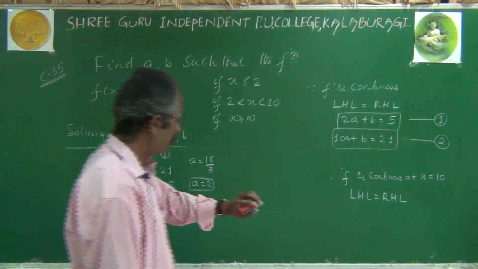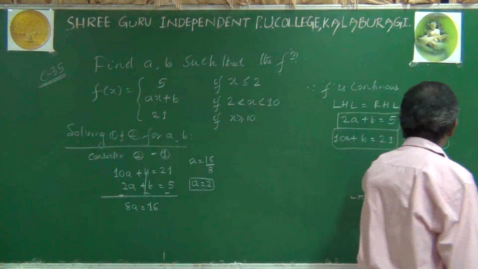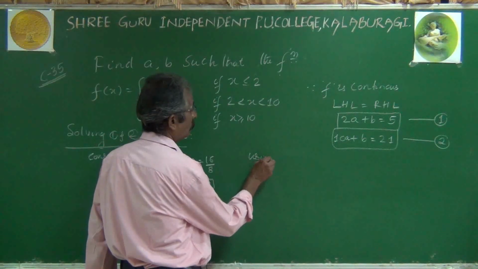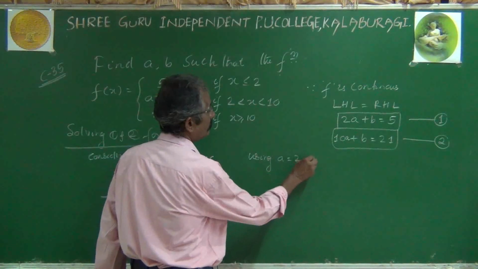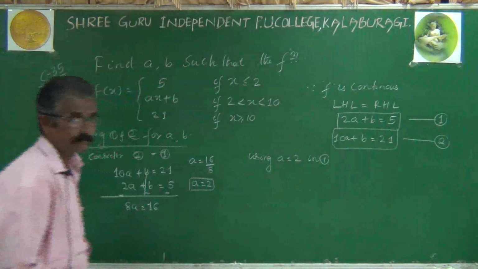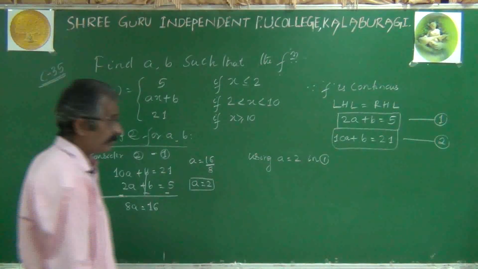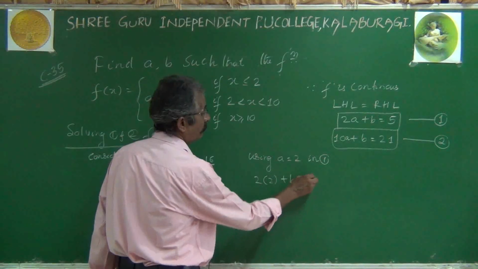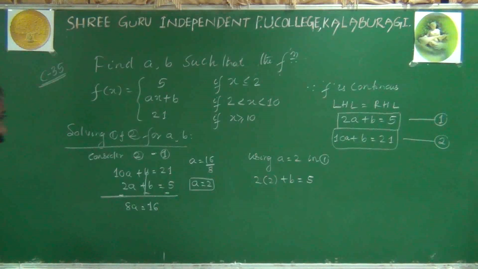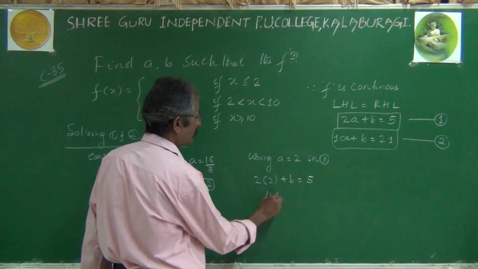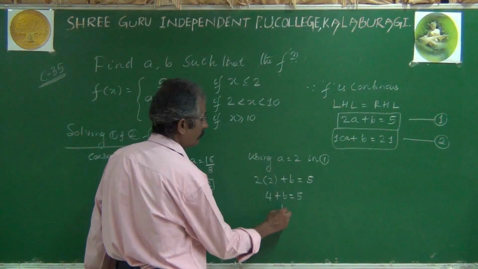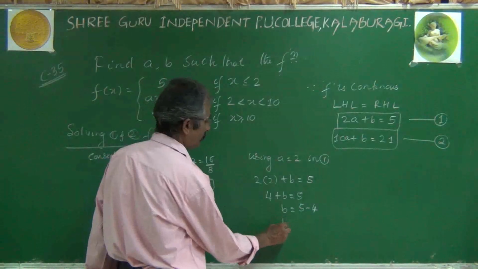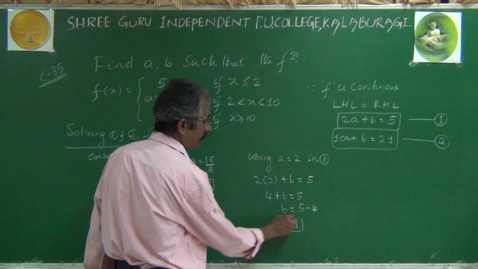Next, using a equal to 2 in equation 1, what it becomes is 2 into 2 plus b equals 5. 2 into 2, 4, plus b equals 5, or b equals 5 minus 4, or b equals 1, because 5 minus 4 is 1.